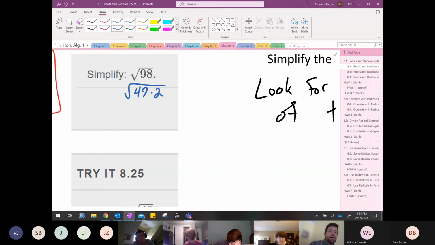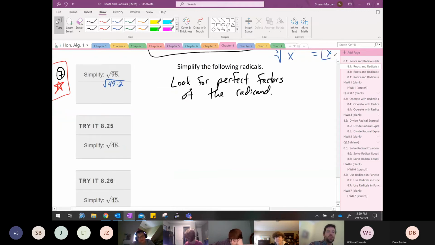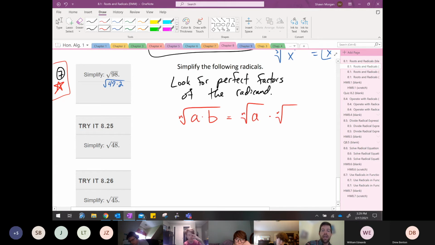Now, why would I want to bother splitting it up as 49 times 2? Because throughout the next several weeks, I'm going to be teaching you guys what are called radical rules, okay? Earlier in the year, we learned exponent rules. Now we're going to have radical rules. But look, our very first radical rule looks like this. If I've got the nth root of a times b, I can split that up as the nth root of a times the nth root of b, okay?